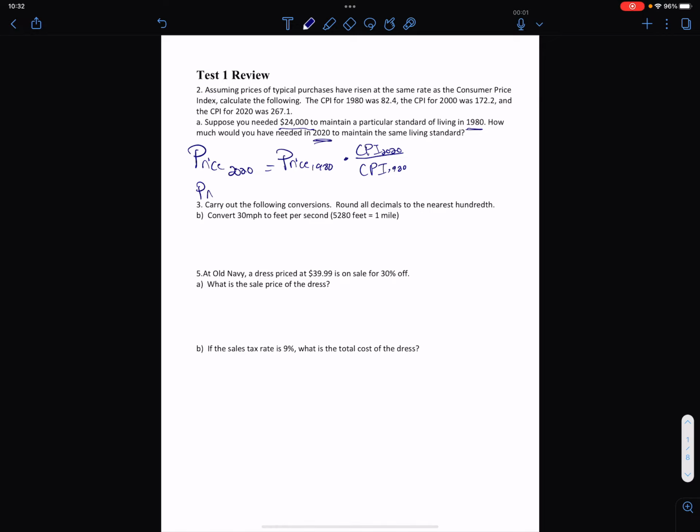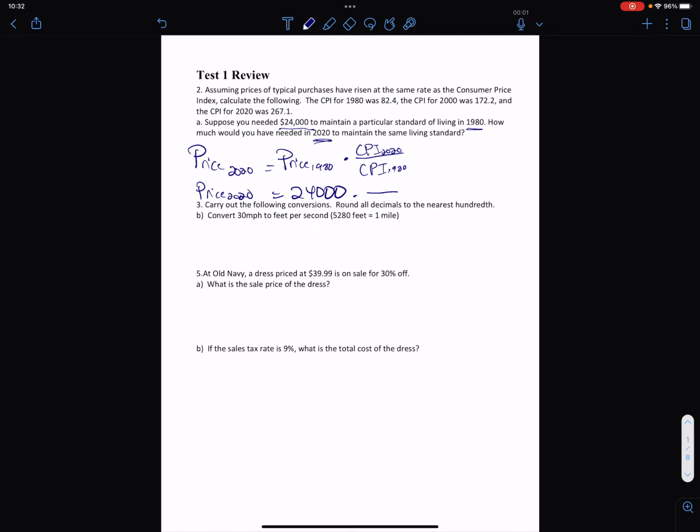I have found people who try to jump straight into plugging and chugging here before they write out their years for their subscripts sometimes struggle with getting the ratio right. So if you're that person, maybe slow down and give yourself a step where you figure out what you're doing and then a step where you've got your numbers in there like we did here. So now I put 24,000 in place of price.